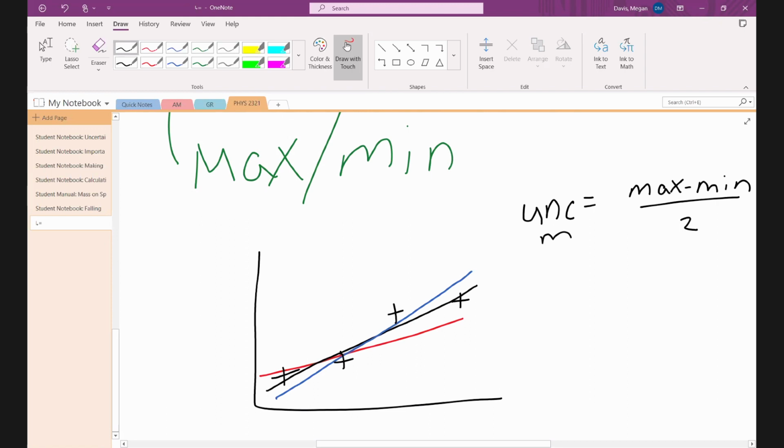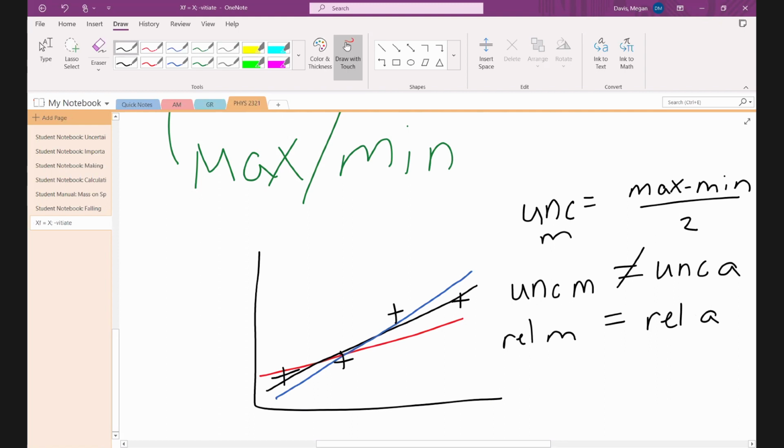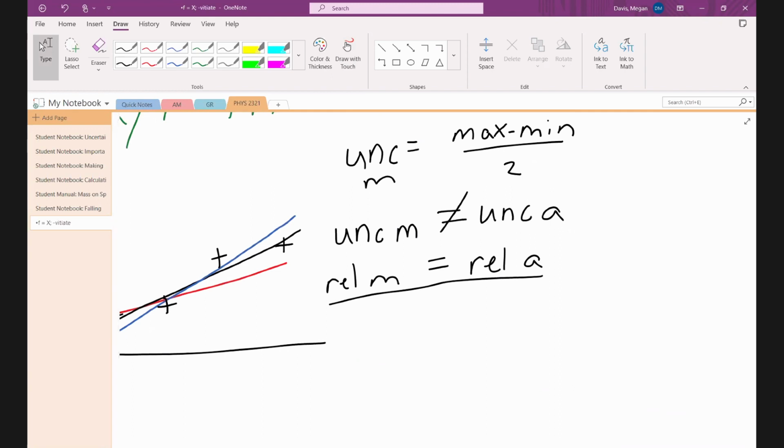But the uncertainty in the slope does not equal the uncertainty in acceleration. The relative uncertainty in the slope does equal the relative uncertainty in acceleration. So we have to use this relationship to find the uncertainty in acceleration.